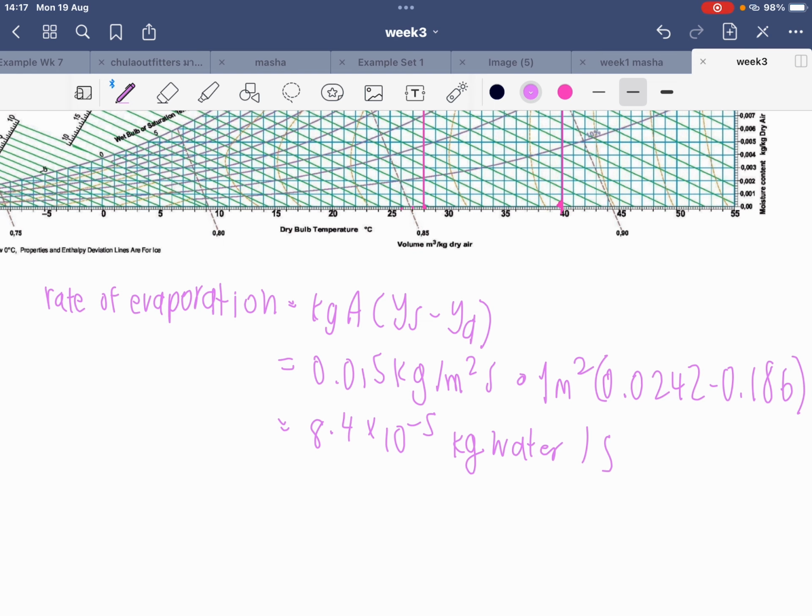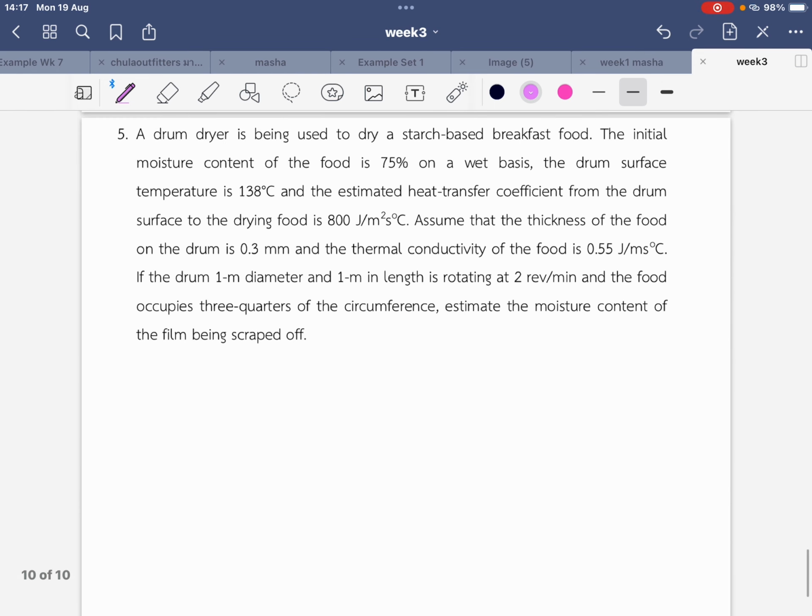Whew. And then the fifth question. A drum dryer is being used to dry starch. Initial moisture content is 75% on wet basis and the temperature is 1 degree. Drying food is heat transfer.